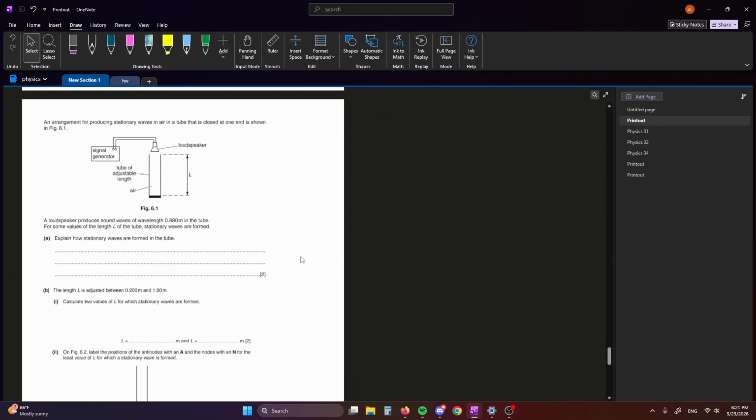Anyway, an arrangement for producing stationary waves in air in a tube that is closed at one end is shown in figure 6.1. Loudspeaker produces sound waves of wavelength 0.68 meters. For some value of L, stationary waves are formed. Explain how stationary waves are formed in a tube. So for stationary waves, the main condition is that the wave is reflected.